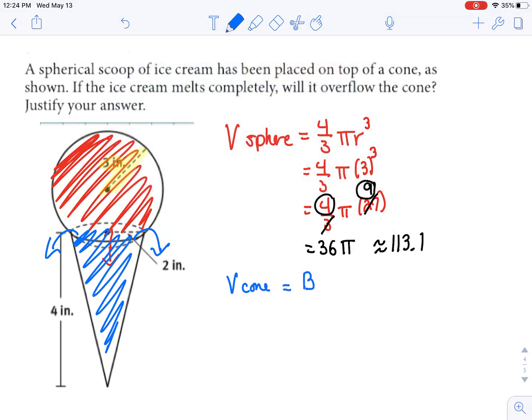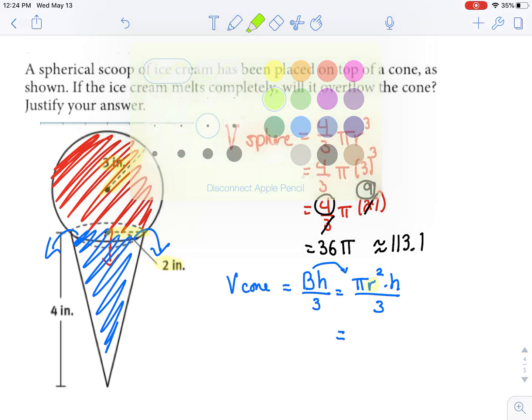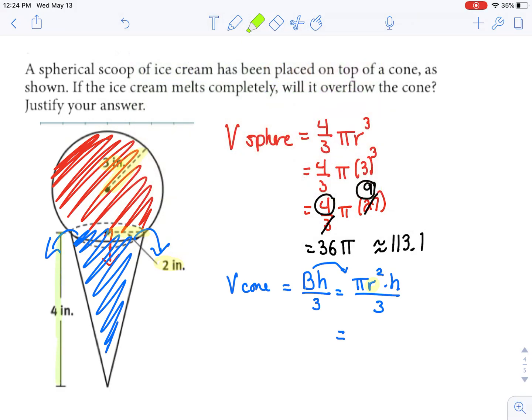Okay, in terms of the volume of the cone, remember that for the volume of the cone, we do area of the base times the height, and we divide by 3. Since it's a cone, the base is in the shape of a circle, so that will be pi r squared times the height divided by 3. Now if we go back to our diagram, the radius of our cone is this 2 inches, so we'll plug that in here for the radius.